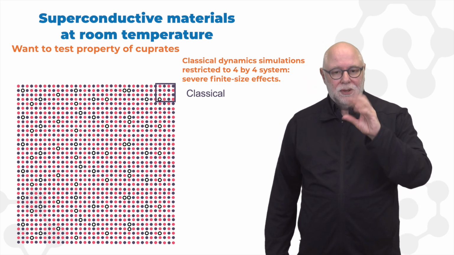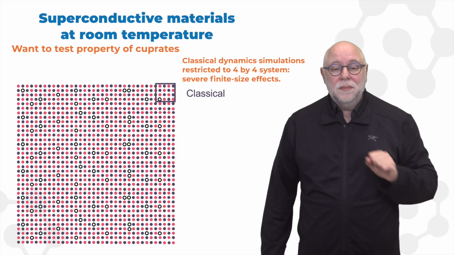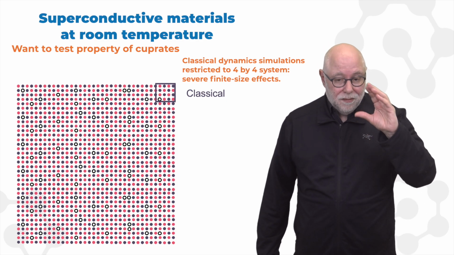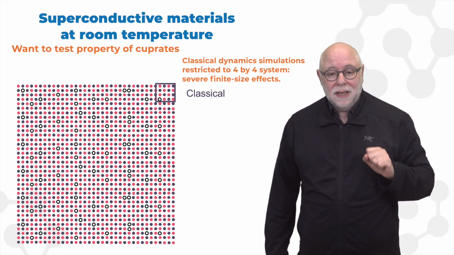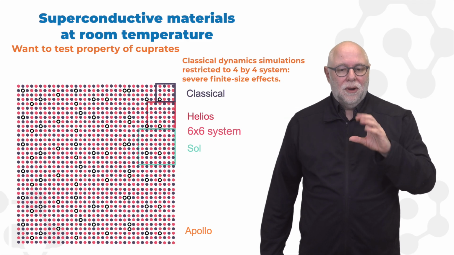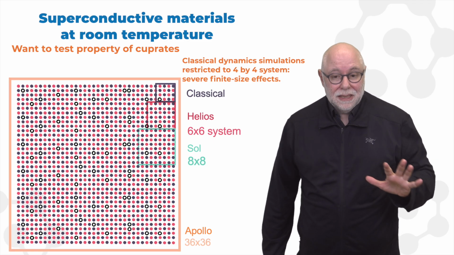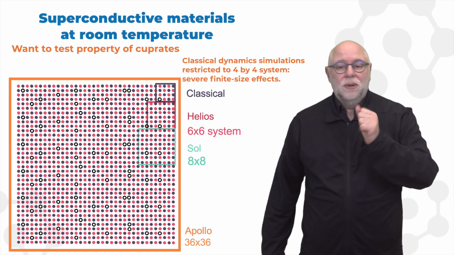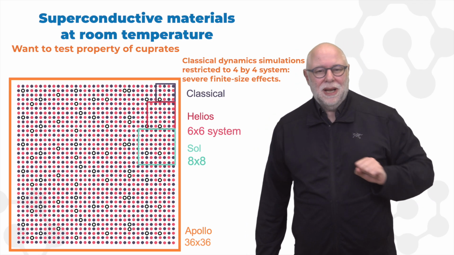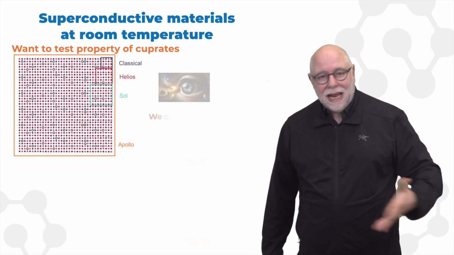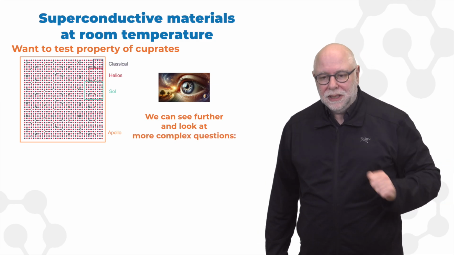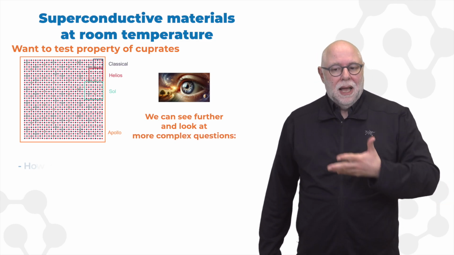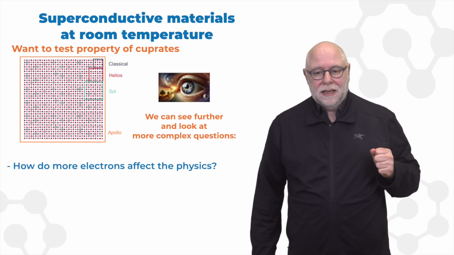But again, if you try them on our near-term quantum computers, you can see that you can very soon calculate 6x6 systems, and even later on you can do 8x8 and 36x36. So you can compute much farther than you could compute before. And once you have this in place, you can start asking other kinds of questions about the system. For example, how do more electrons affect the physics?